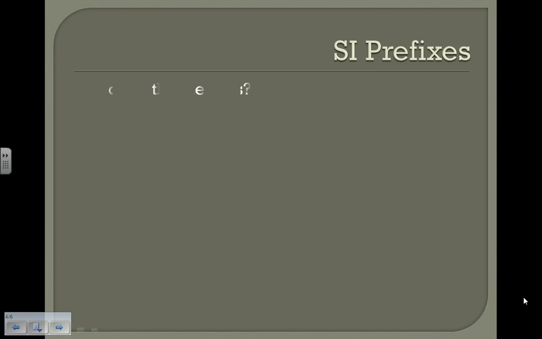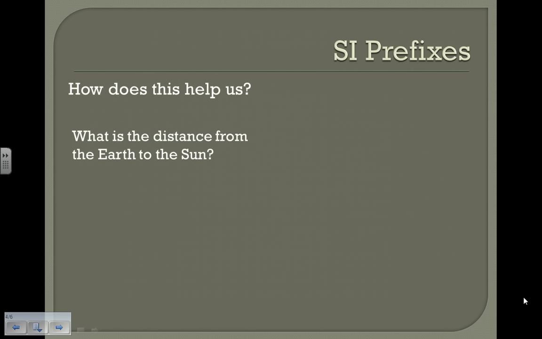Now again, how does this help us? Let's do some examples. The distance from the Earth to the sun, if you take astronomy, that's one of my things, is about 150 billion meters.